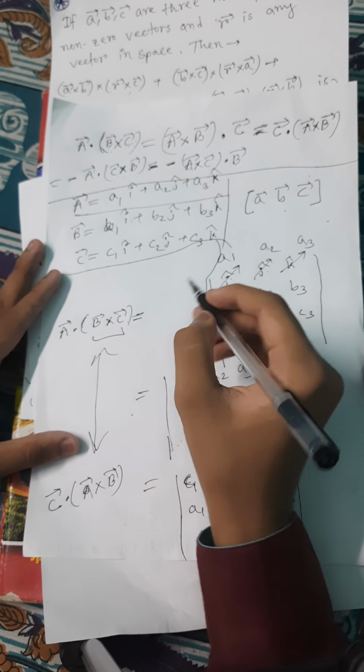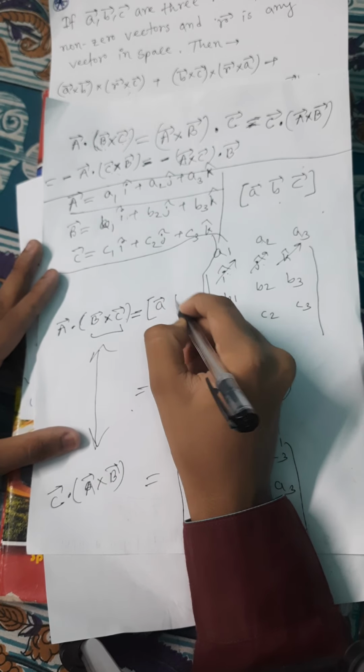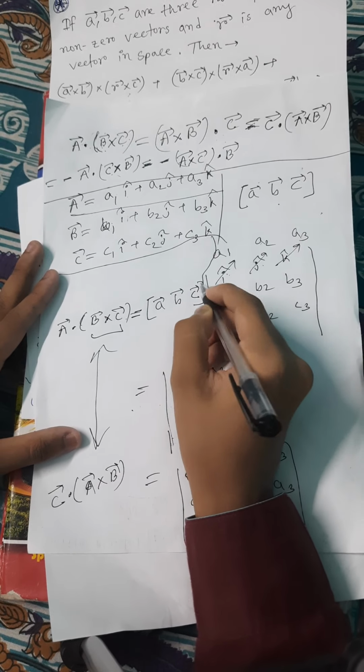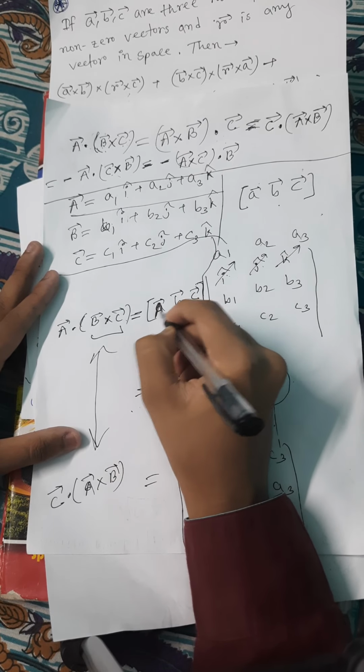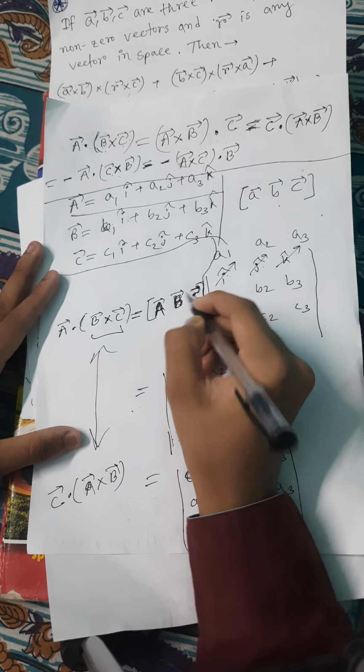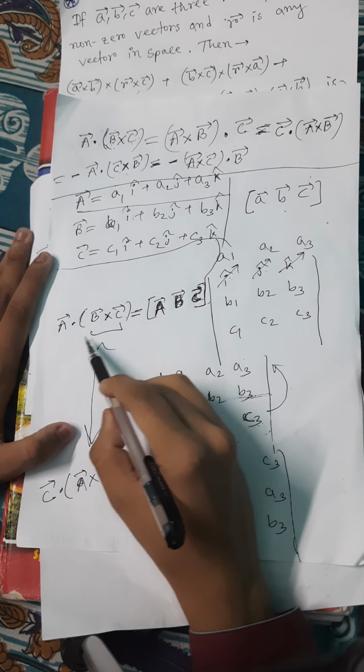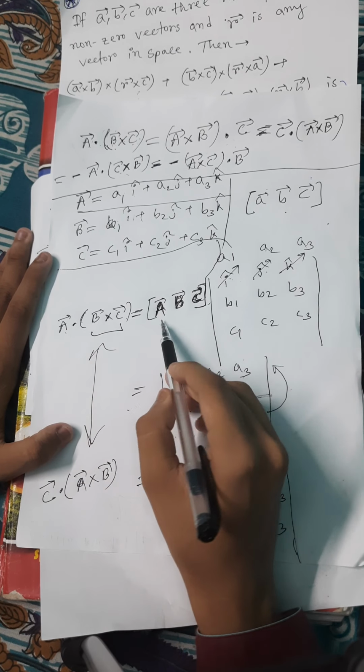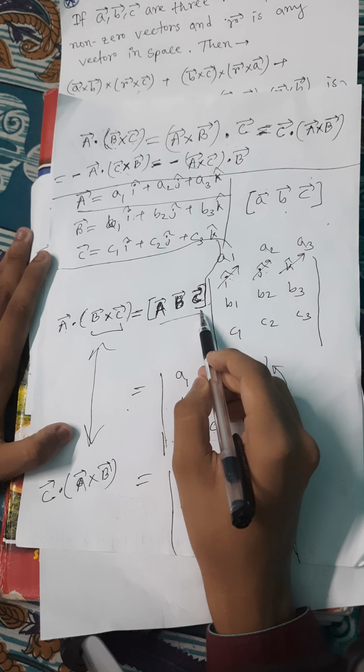It is nothing but A dot B cross C, written as the bracket A, B, C in this order.